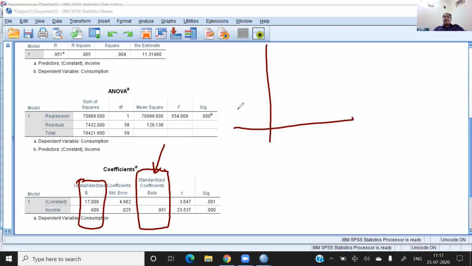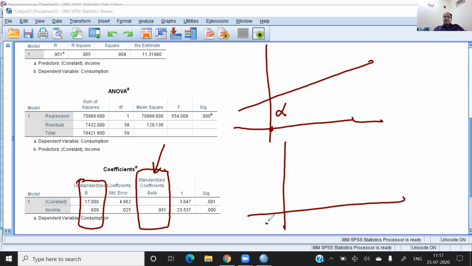The regression line does not normally pass through the origin, right? It always has the alpha value. But if we want this regression line to pass through the origin, it means we want to make alpha equal to 0.